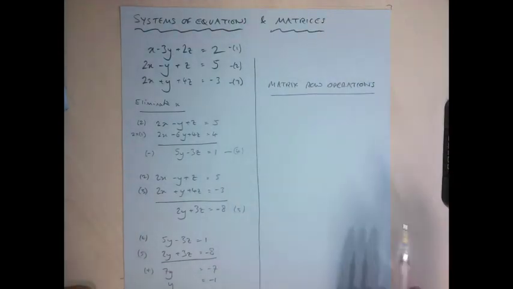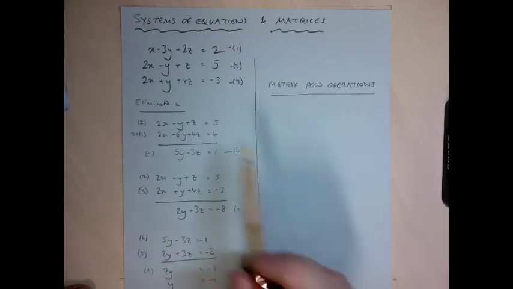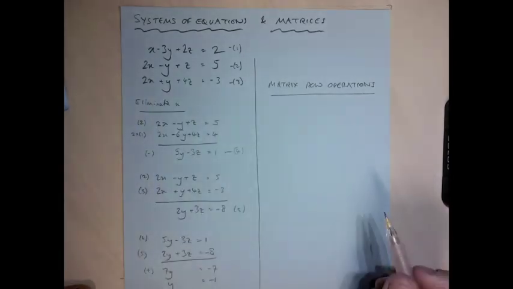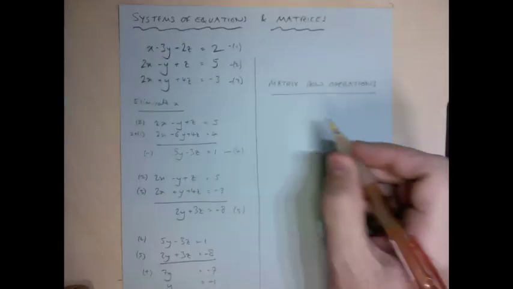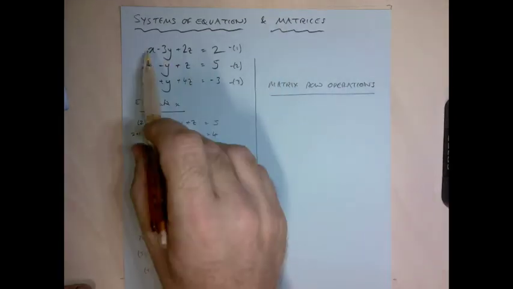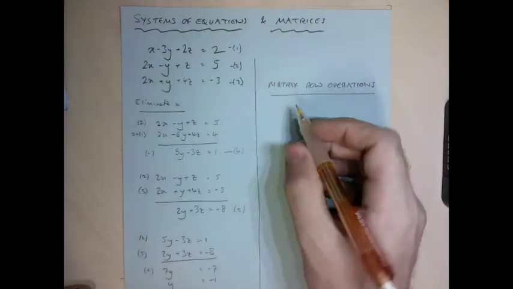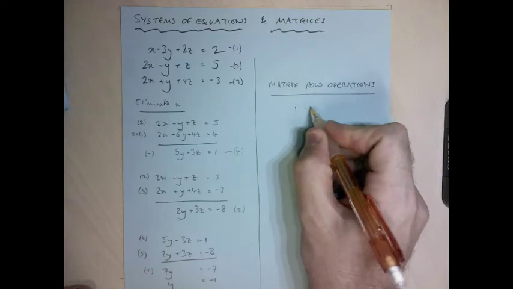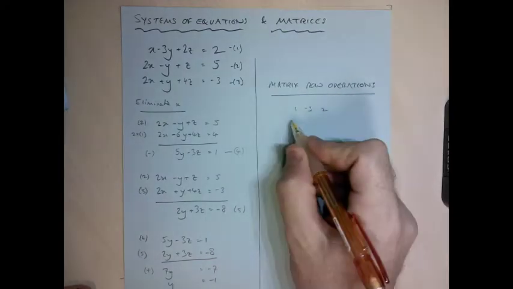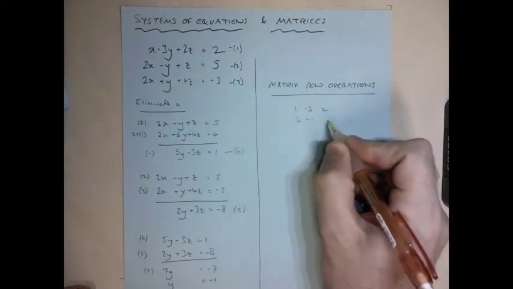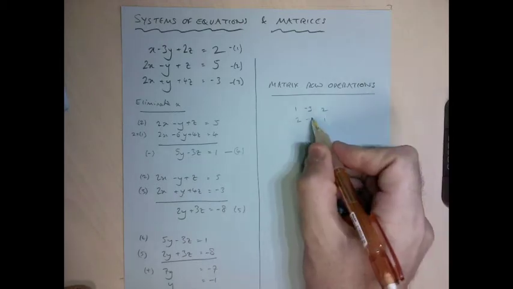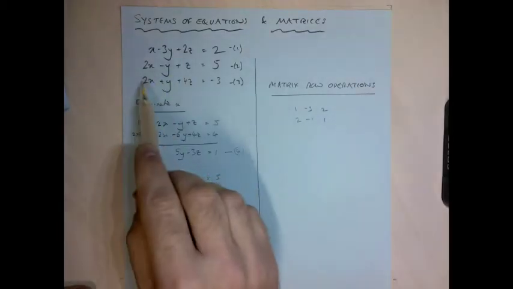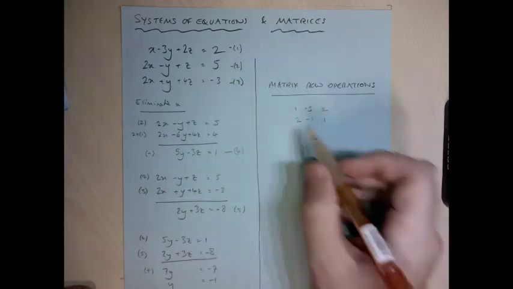To start with, I'm going to rewrite this system of equations in shorthand form, if you like, in terms of a matrix. I'm going to take my coefficients: 1, minus 3, 2. Then the next row: 2, minus 1, 1. And the third one is 2, 1, 4.